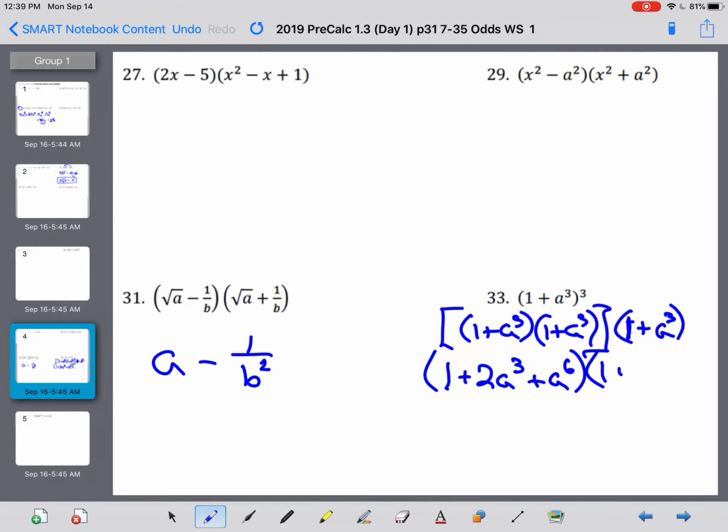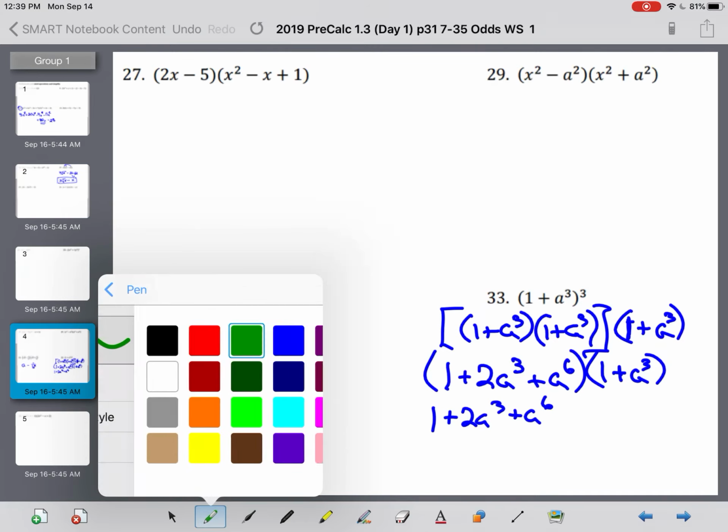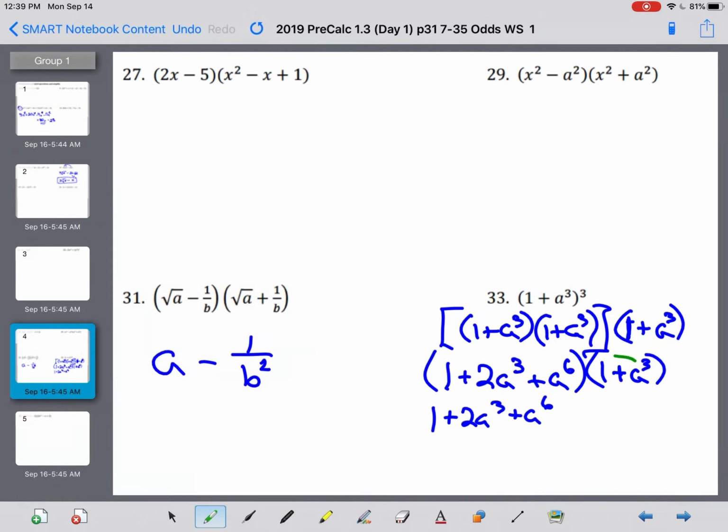And now I've got to do a form of distributive property here. When I run the 1 through, I get just what I have here when I multiply everything by 1. When I multiply the a cubed through, I'm going to get 1a cubed, 2a to the 6th, and a to the 9th.